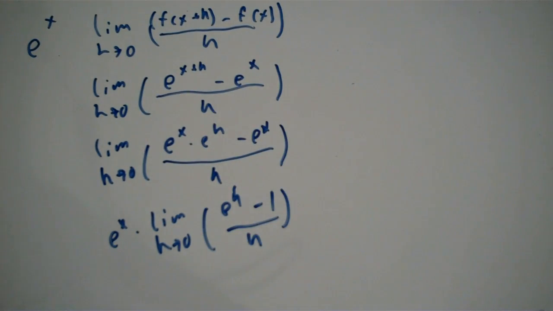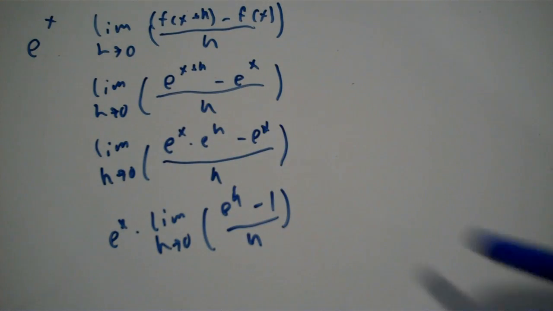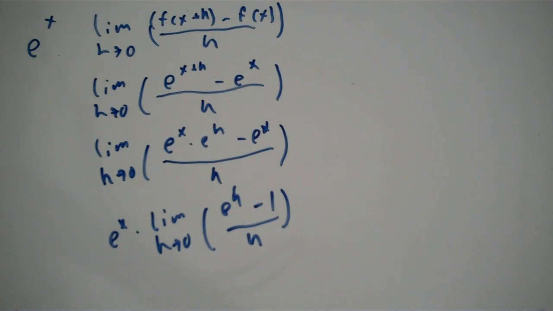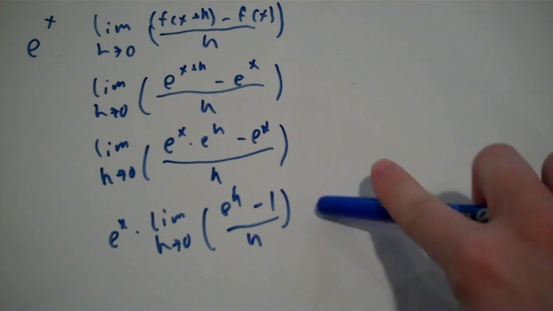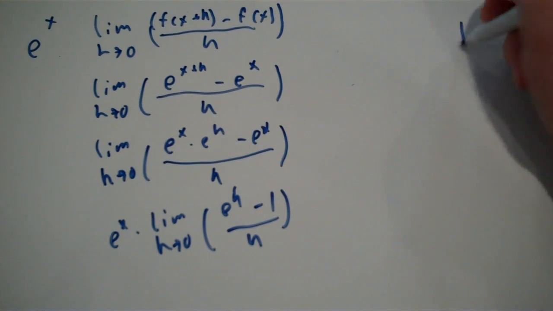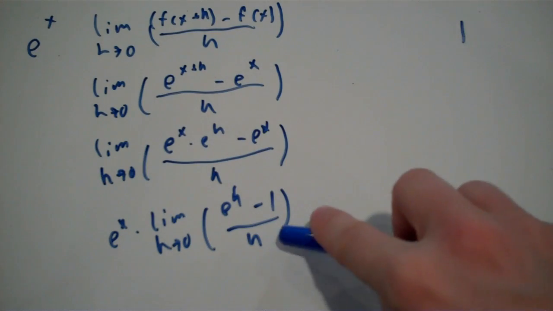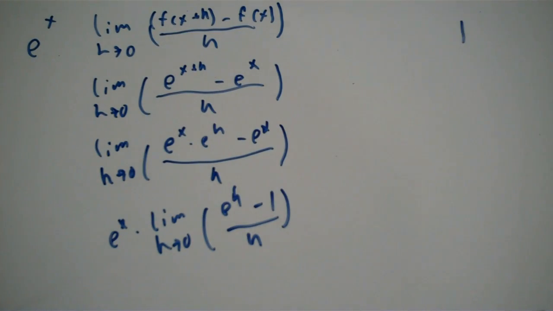Now, if you take out your calculator, you don't have to, I'll just tell you this, but if you want to check it, you can plug in e to the h minus 1 over h, and put in increasingly smaller values for h, and you'll notice that this value approaches 1. So that means that as h gets increasingly smaller, or approaches 0, this expression approaches 1.